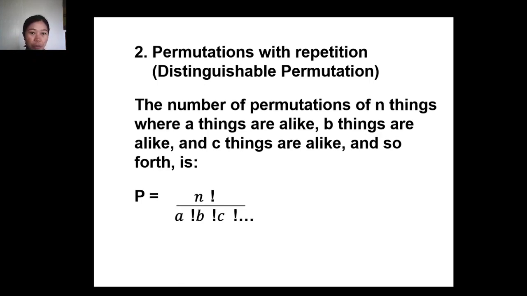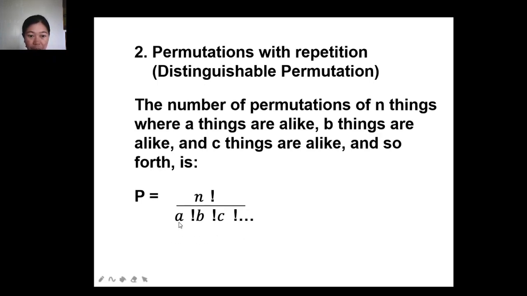So, the formula for solving this kind of permutation is P is equal to n factorial, wherein n is the given objects or things, all over a factorial, b factorial, c factorial, and so forth. So, depende. Yung denominator ay depende dun sa mga things alike.